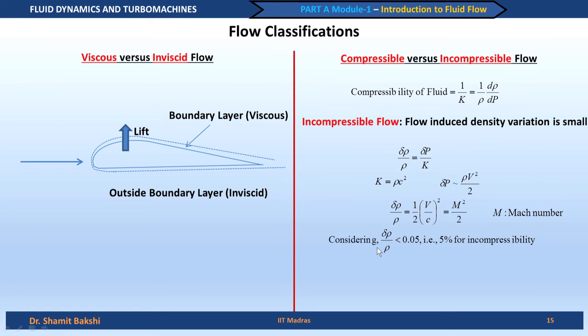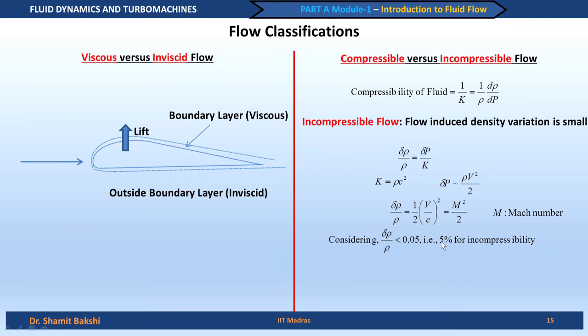Now, let us say del rho by rho, this is just an assumption: we can call the flow incompressible if the relative change in density is less than 5%.